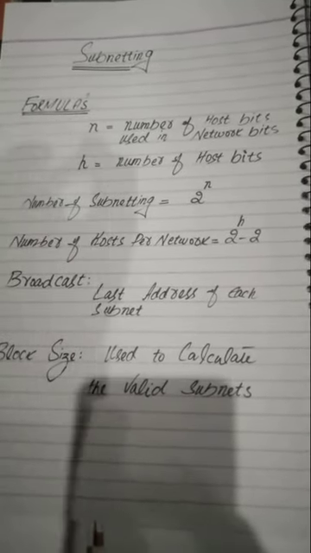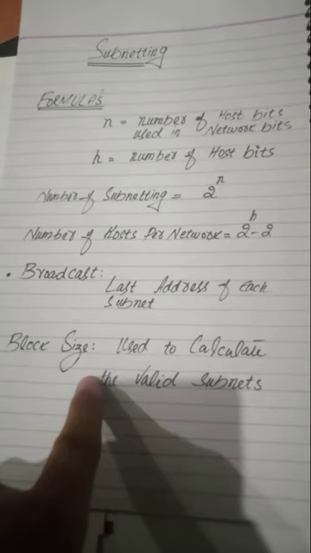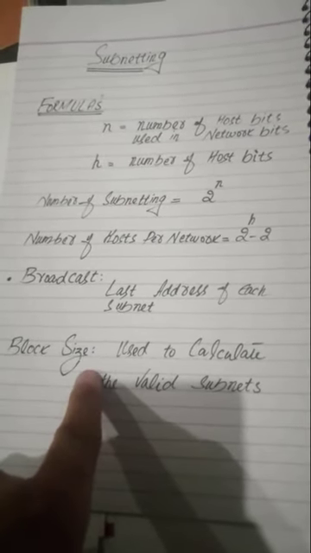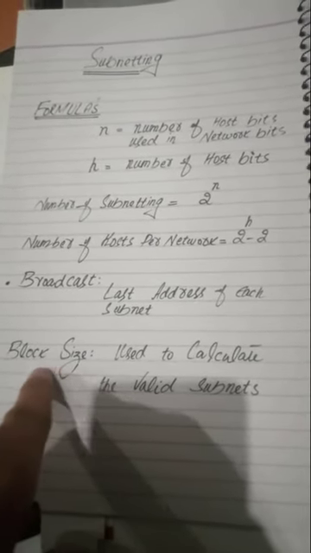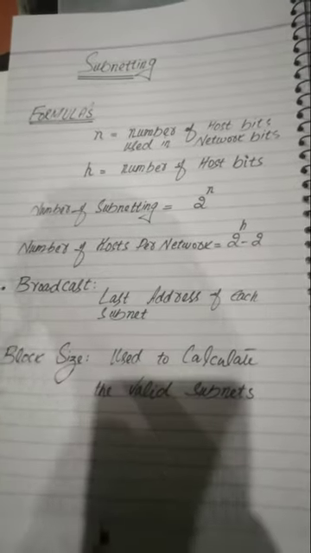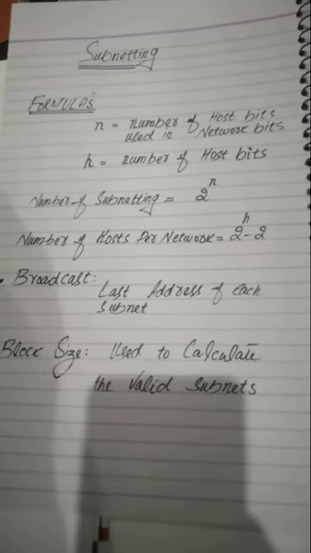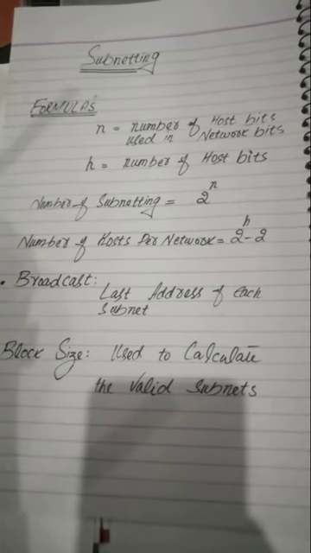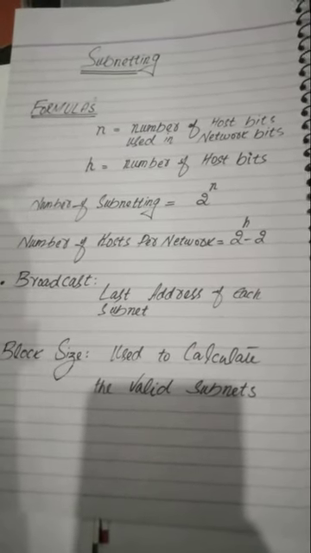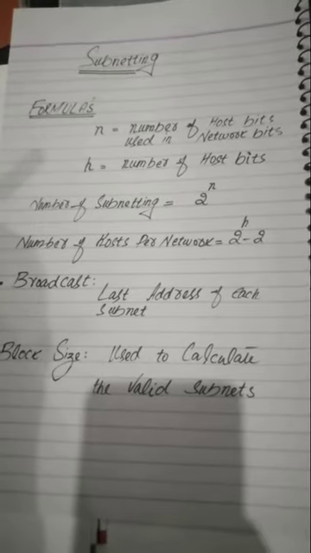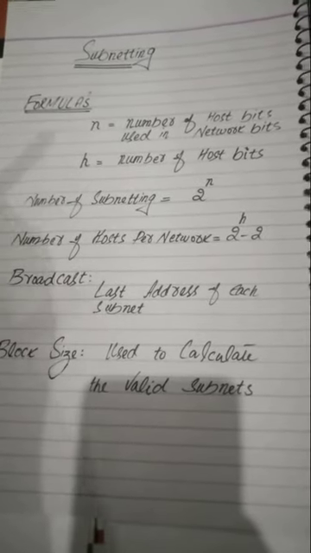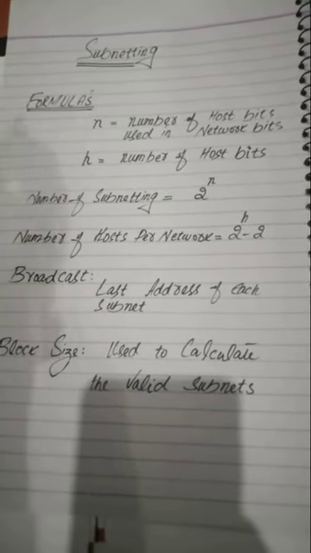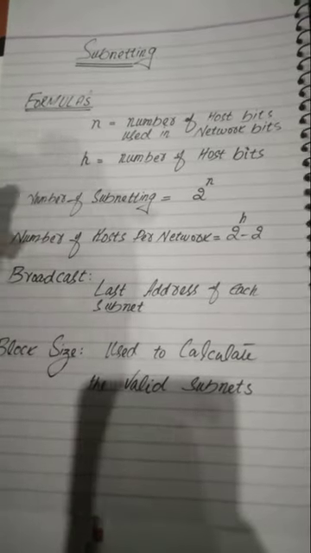So the next thing is our block size for the subnet. Block size is basically the range of the subnet mask address, that is, how many steps we are moving forward with each subnet mask. So these are the basic formulas used for subnetting.